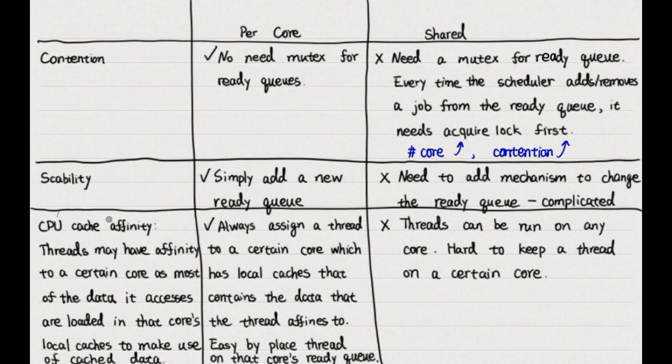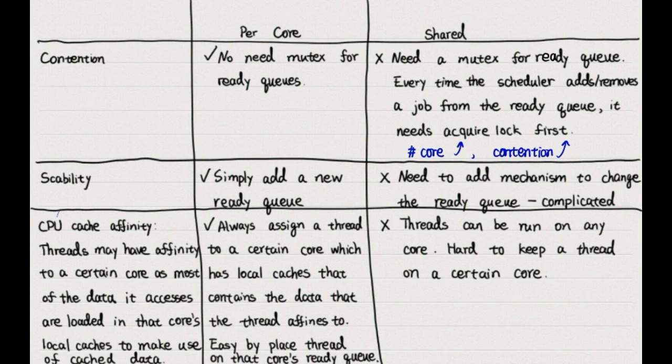In terms of CPU cache affinity, let's first understand what CPU cache affinity is. Threads may have affinity to a certain core as most of the data they access is loaded in that core's local caches, making use of the cached data. For the per-core ready queue design, we can always assign a thread to a certain core which has local caches that contain the data the thread needs.